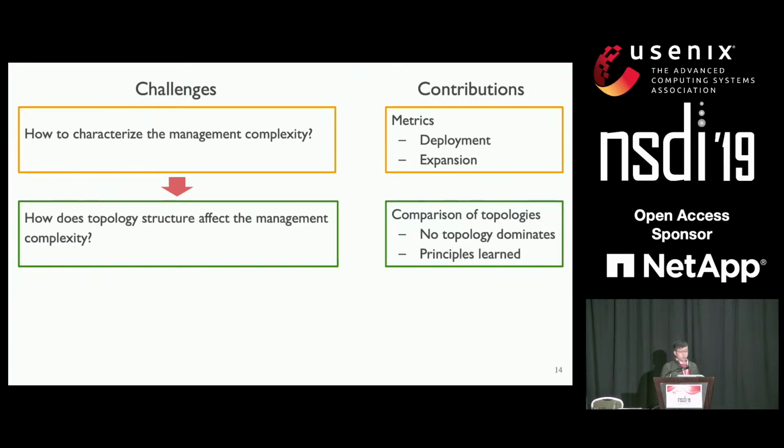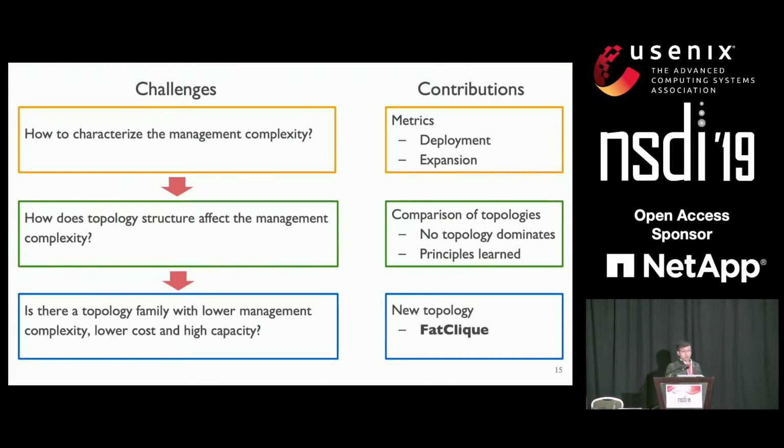By leveraging the metrics we developed, we compared several representative topology families, and we found that no topology dominates by all our metrics. From this study, we also derived some principles on achieving low lifecycle management complexity. And at last, we wondered if there is a topology with low management complexity, low cost, and high performance at the same time. By leveraging the principles we learned, we designed a new topology family called FatClique, which achieves all these nice properties at the same time.